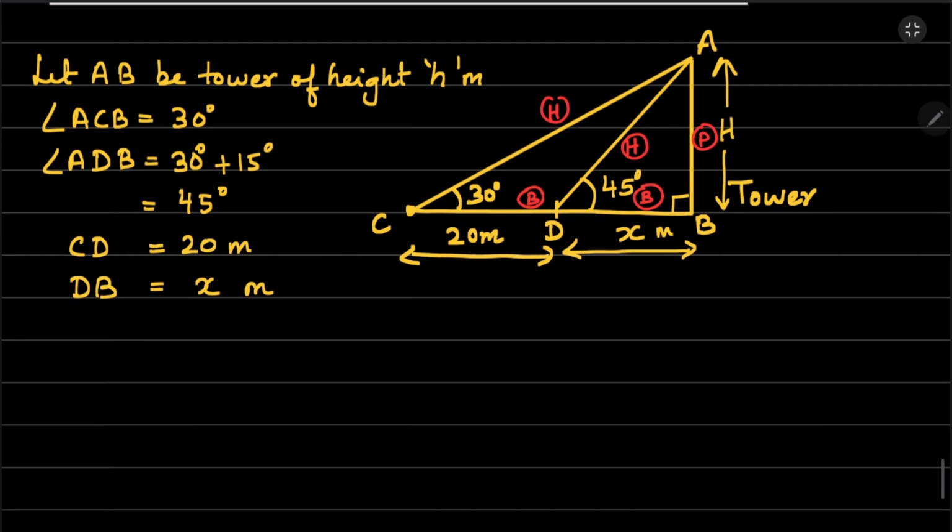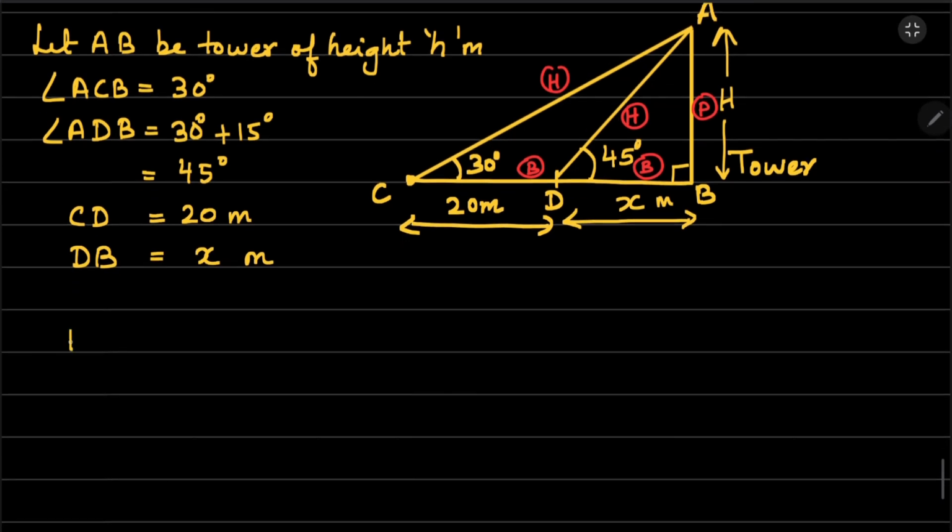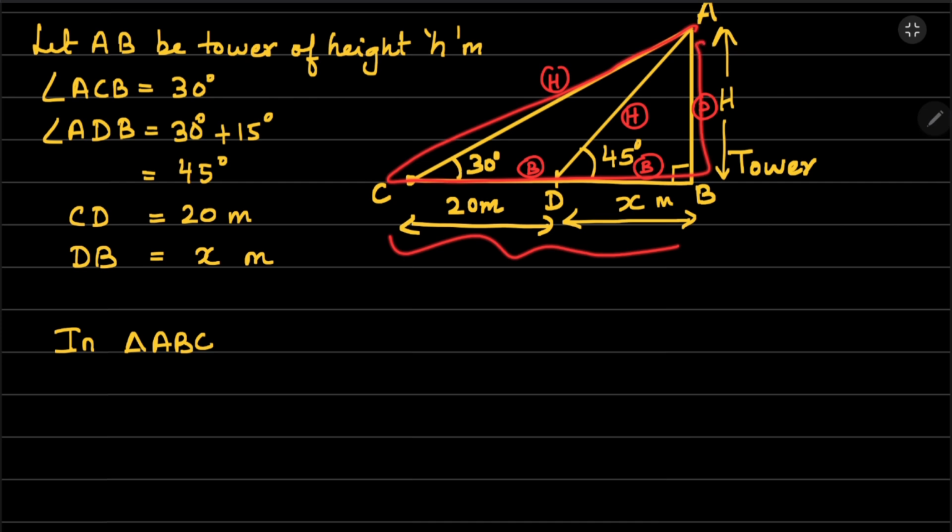Now, in triangle ABC, you have to find out the perpendicular. H is what you have to find out. So this is your perpendicular, and you know the base. If you consider triangle ABC, the outermost triangle, then your base will be 20 plus x. Your perpendicular will be H, and you have to apply the tan ratio.